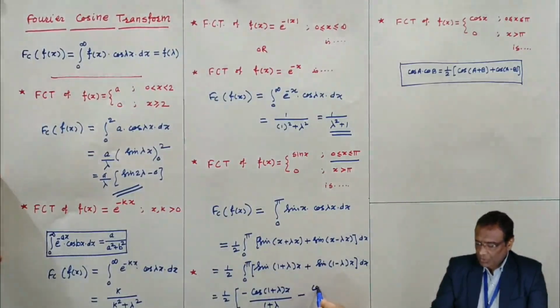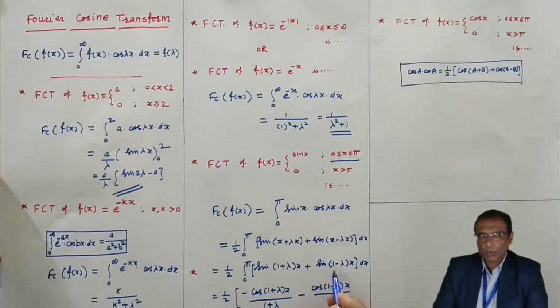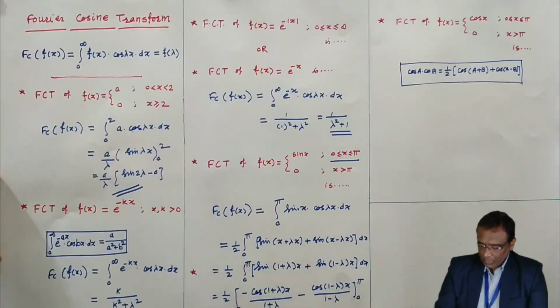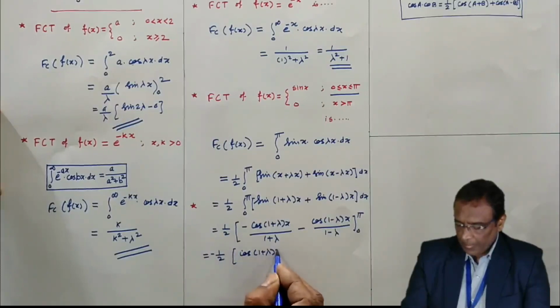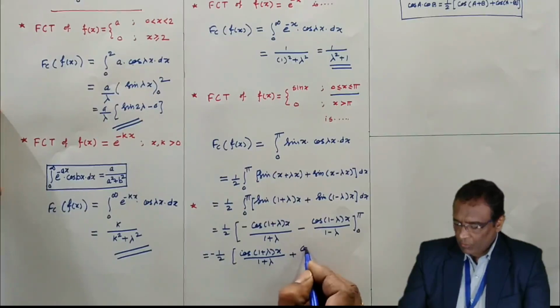The integration of sin is minus cos((1 minus lambda) x) divided by its coefficient, or you can say the derivative of the argument also. The derivative of (1 minus lambda) x is 1 minus lambda, from 0 to pi. The minus sign you can take outside before putting the limit: cos((1 plus lambda) x) by (1 plus lambda) plus cos((1 minus lambda) x) by (1 minus lambda).